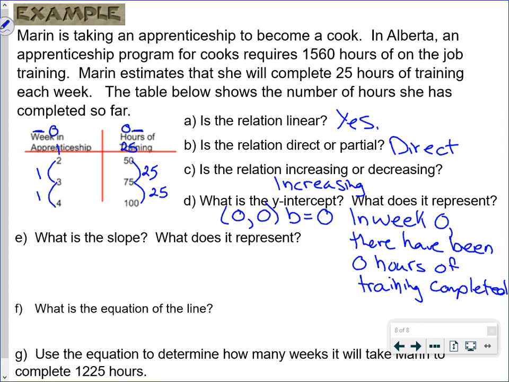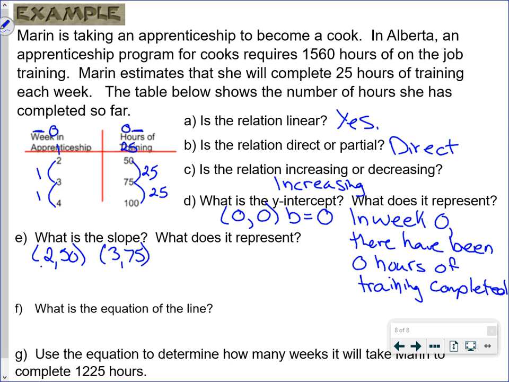Next part says, what is the slope? So we need to calculate the slope. I'm going to choose to use the first 2 points that are in the table. So in the original table, I'm going to choose 2, 50 and 3, 75.